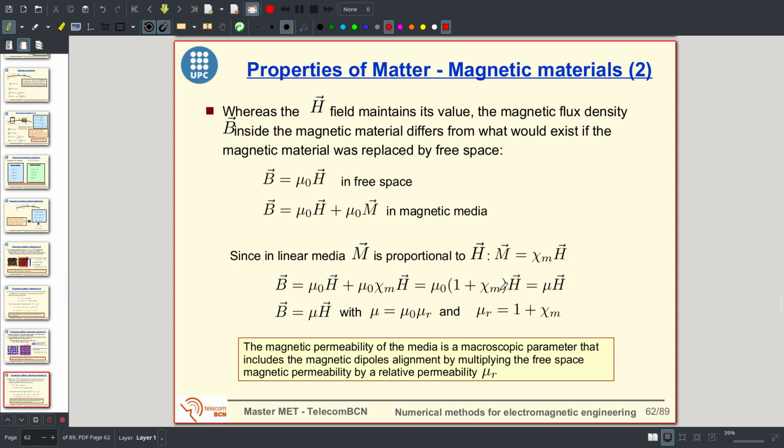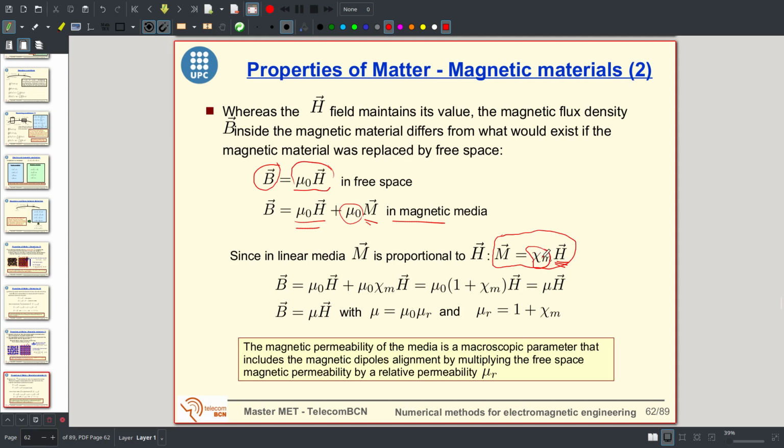The same as we did for electric media, we define the magnetic field B in free space as mu0 H. H is the auxiliary vector, and in magnetic media it will be mu0 times H plus the magnetization M. And we define linear magnetic media as that media where the magnetic polarization is proportional to the total magnetic field H, and the proportionality constant is the susceptibility.